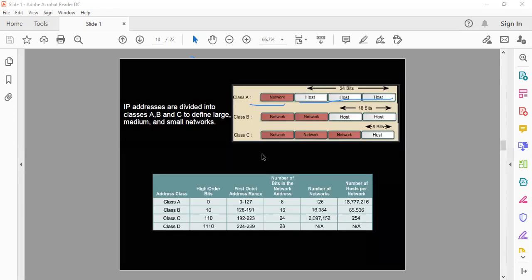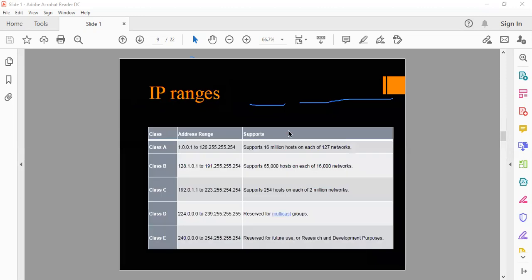While in class B, we have 16,000 networks and 65,000 hosts.